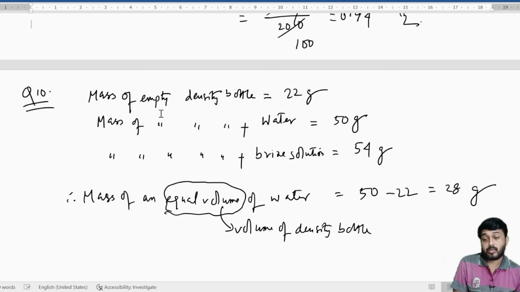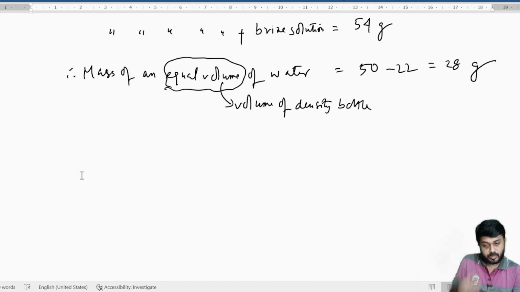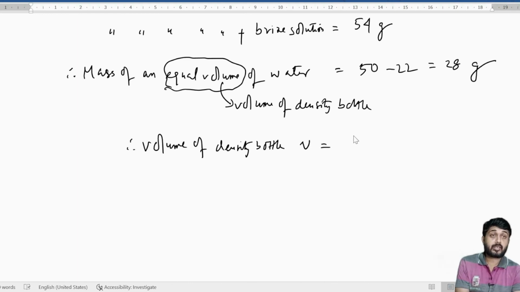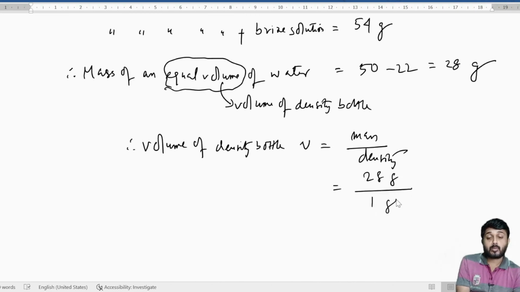Now tell me volume of density bottle. What should be the formula for volume? Volume equal to mass by density. Mass of water is 28 gram. Density of water is 1 gram per centimeter cube. That is 28 centimeter cube, right?